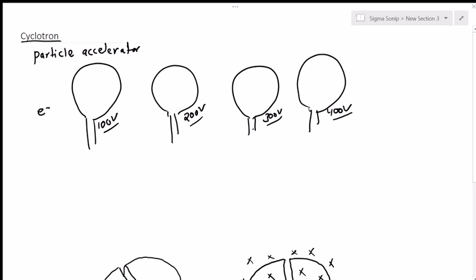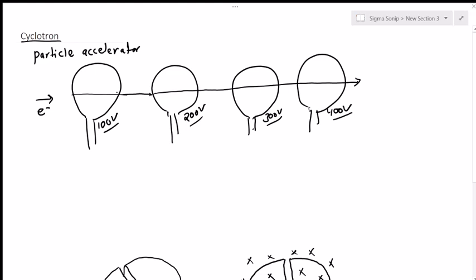So when you launch an electron here, this electron first gets attracted towards this 100 volt ring. It passes through. When it crosses the first ring, it can see a higher, more positive charge here, so it gets accelerated again, and that's how it keeps on going.